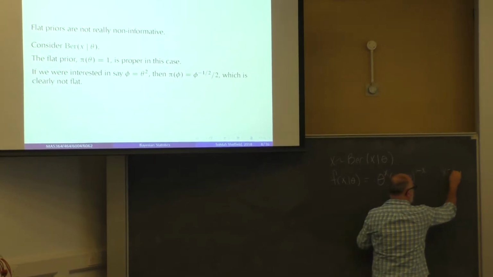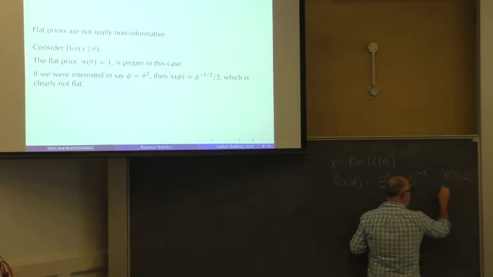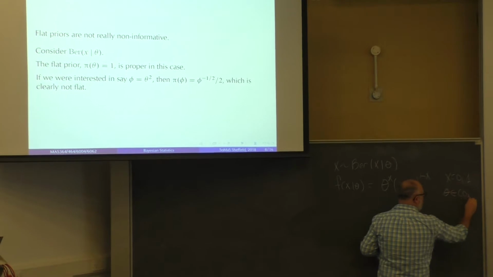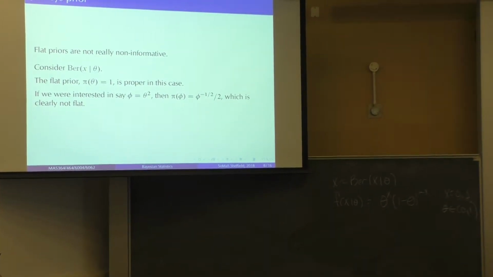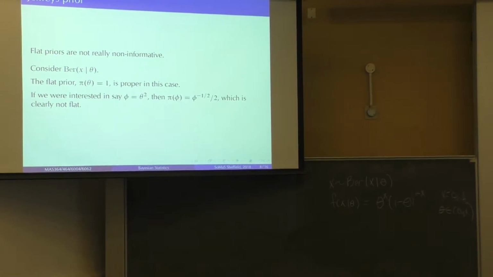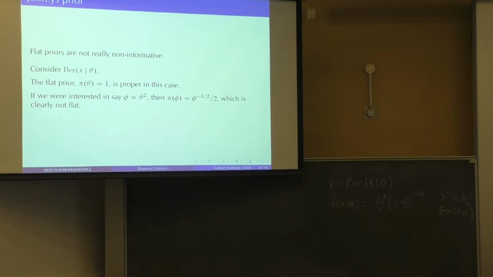X can be either 0 or 1, and theta lives in [0, 1]. Theta is a probability, right? So we have a trial that can be 1 or 0, and theta is a probability of obtaining 1, okay?